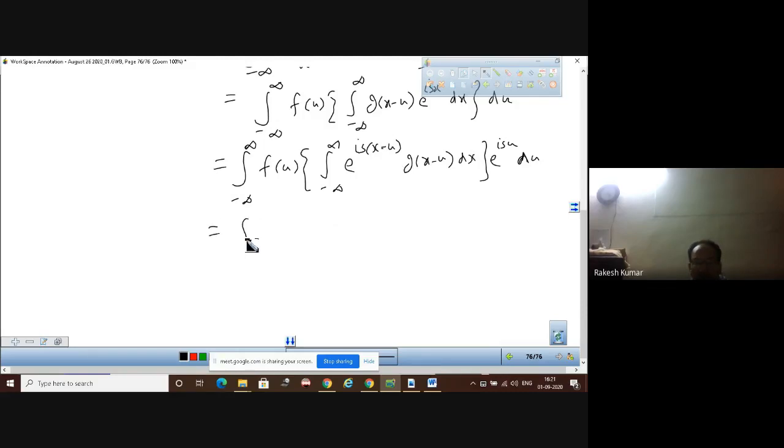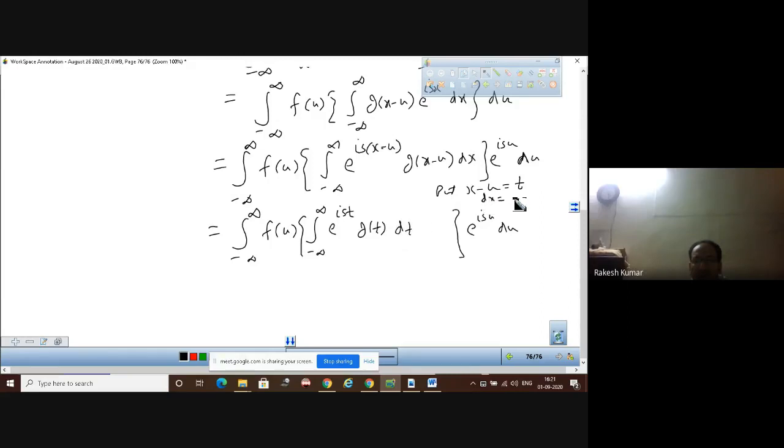So this is the integral from minus infinity to infinity of f(u). Now in the bracket term we have to use some operation. We substitute x minus u equal to another variable t. So it will come out to be the integral from minus infinity to infinity of e raised to power iota s t g(t), and clearly dx will also be equal to dt.